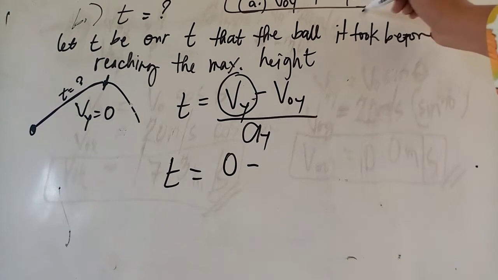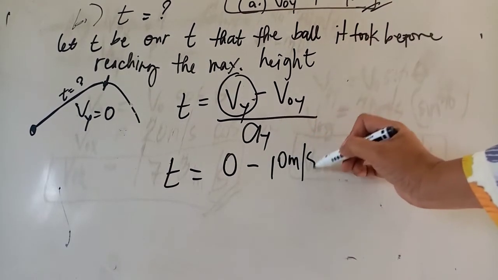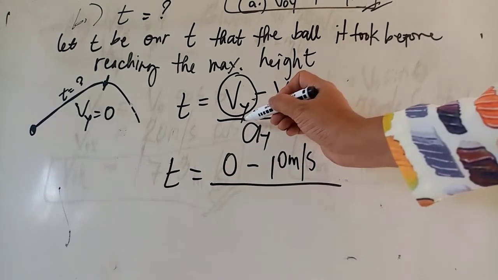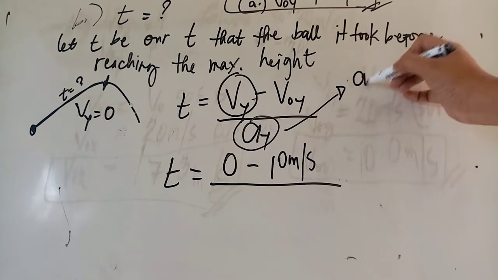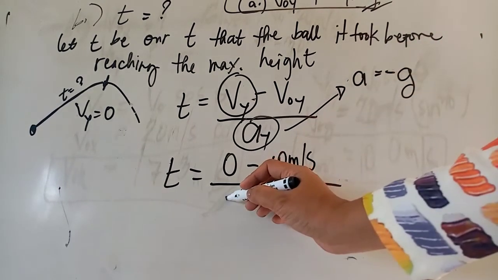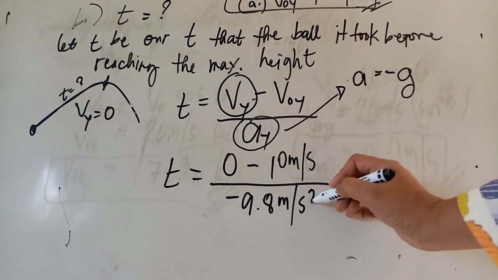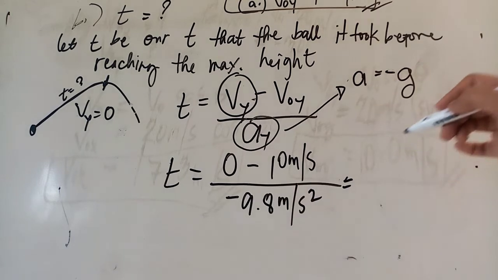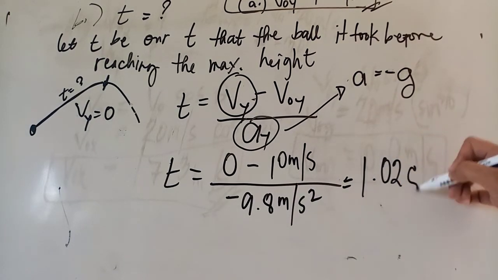So let's just substitute this value. That is 10 meters per second over our acceleration in y. You have to recall that our a will now be equal to negative gravity, therefore negative 9.8 meters per second squared. Calculating it using your calculator, you will have 1.02 seconds.